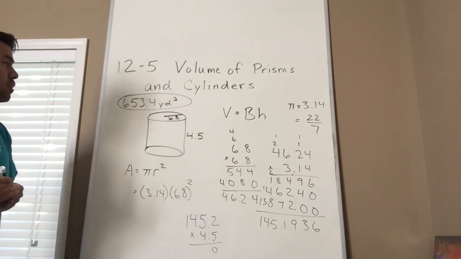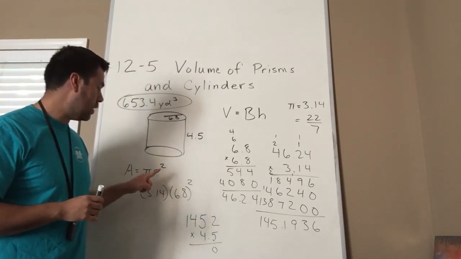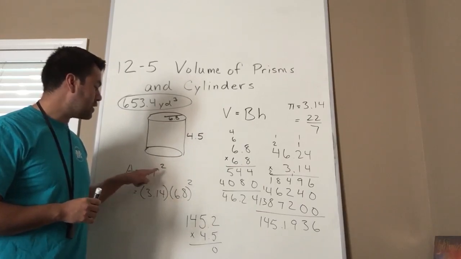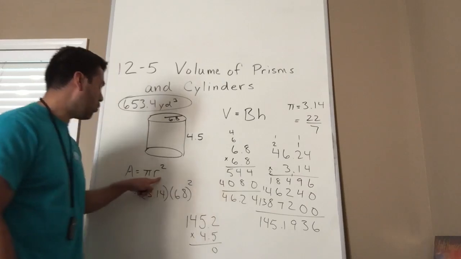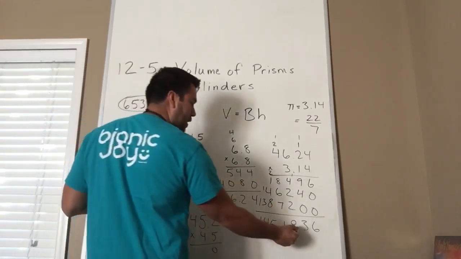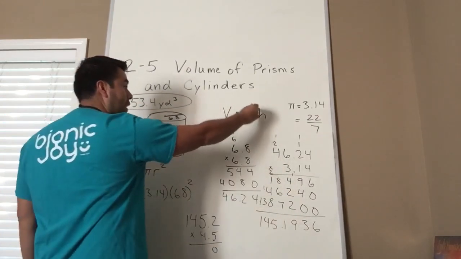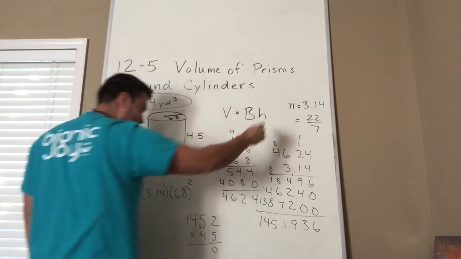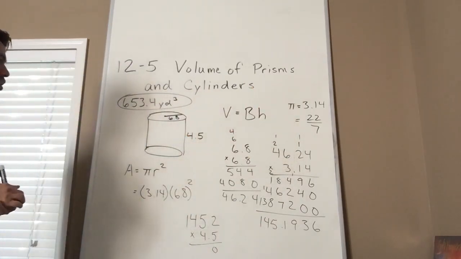Okay. So I would use 3.14 and I'd find the area of the base. First I did 6.8 times 6.8 and that gave me 46.24. Then I multiplied that by pi. I got 145.1936, round it to the tenth. But that's just to find the area of the base. Then I multiply by the height and then I get my 653.4 cubic yards.